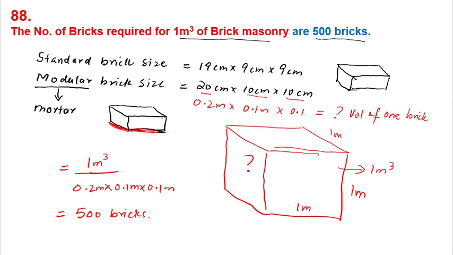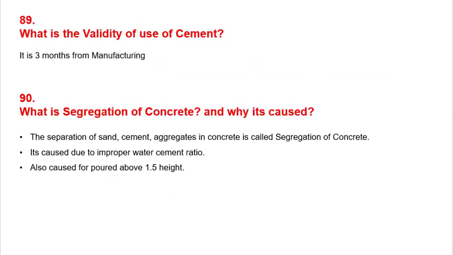And the next two points are pretty simple but very important. What is the validity of use of cement? Whenever you buy a cement bag, you will find the manufacturing date written on it.